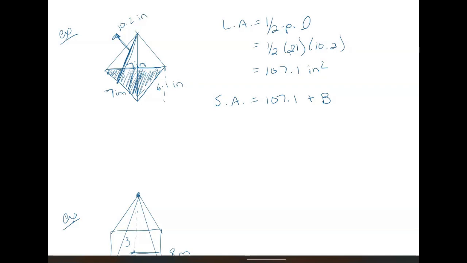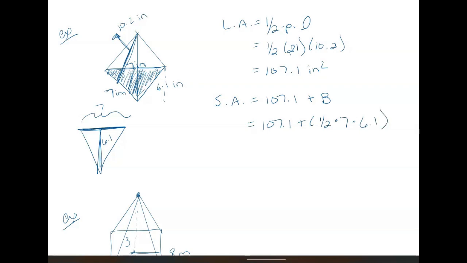So this surface area is that lateral area plus the area of the base. So now I have this triangle, and I have to find the area of the base. So if I pull that base triangle out, and I know the entire distance is 7 there in the base, and my height is 6.1, then I can find the area of this triangle, which is 1/2 the base, which is 7, times the height, which is 6.1.